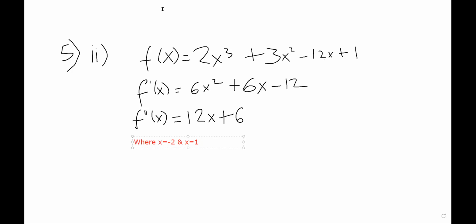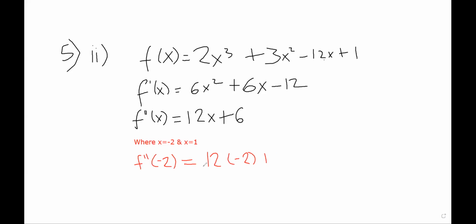So we say that f double prime x. So we say f double prime -2, where since we're substituting the x value, it's going to be equal to 12, where x is equal to -2, plus 6, right?